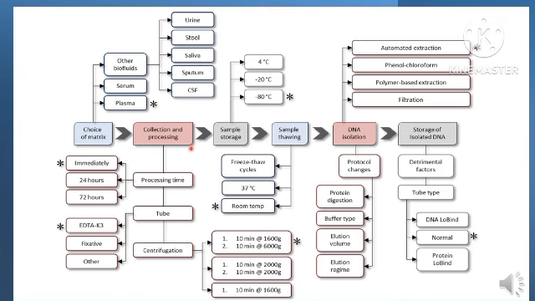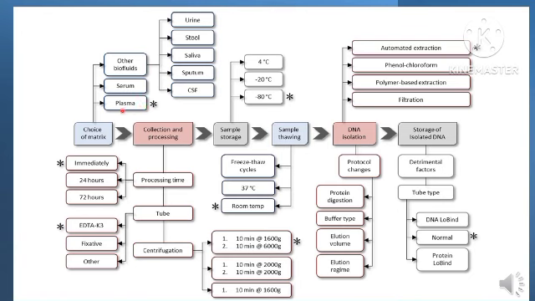So this flow chart will tell you the proper guidelines for each step. The choice of matrix should be plasma, because in plasma you will have proteins, so your cell-free DNA will be bound to proteins, so it prevents the degradation of cell-free DNA by nucleases which are present in your plasma.